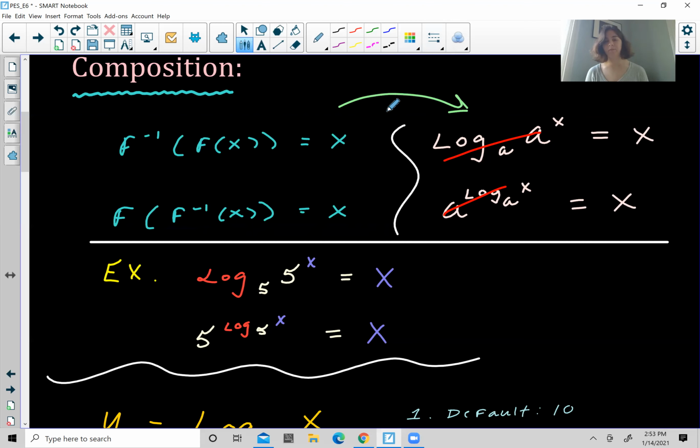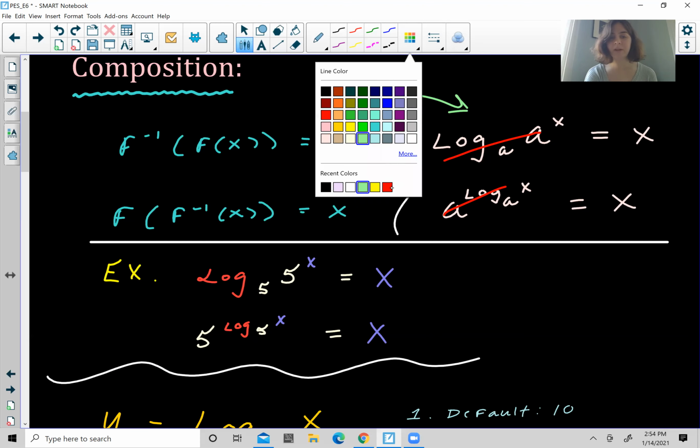That's like if I had log base a, plug in a to the x, boom, cancels, we're going to end up with x. Same goes if you plug in the inverse into the original. So if I had a to the power of x, and I plug in a logarithm in the exponent, everything's going to cancel, and I'll end up with x. And then below is the same thing, but with numbers, if you're able to see it better that way.